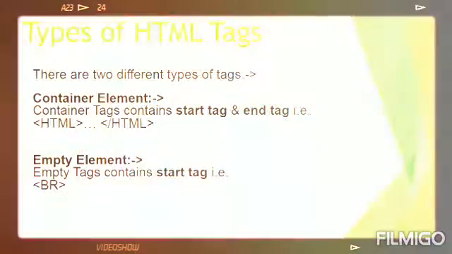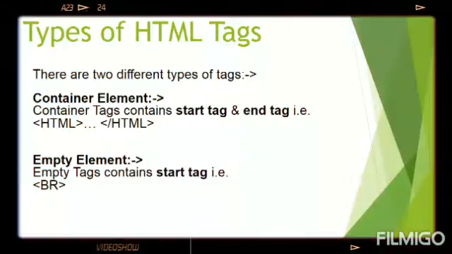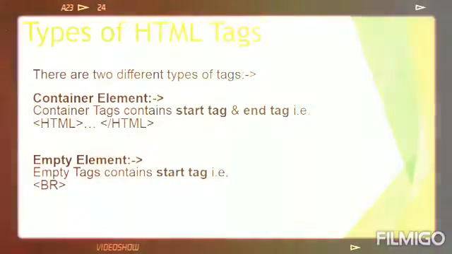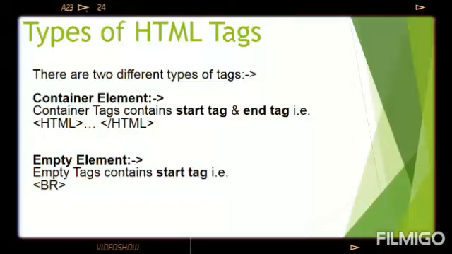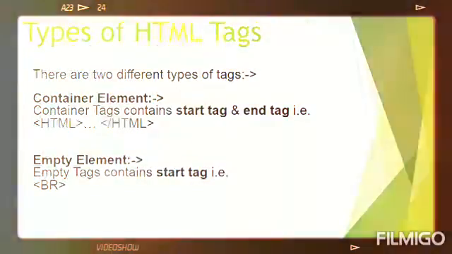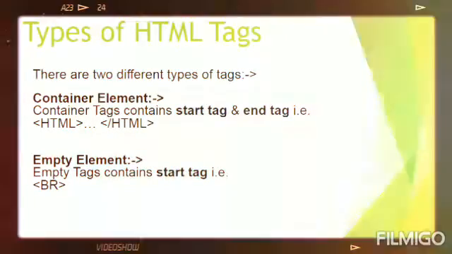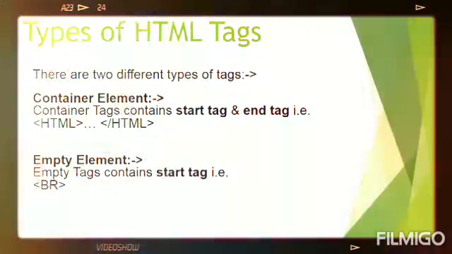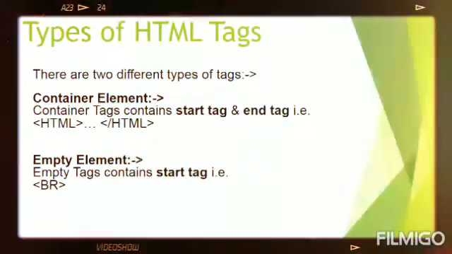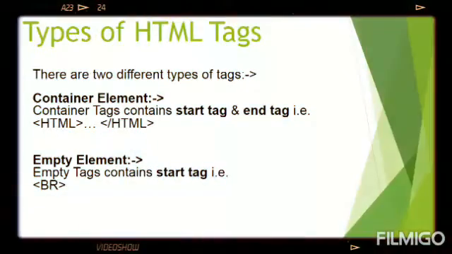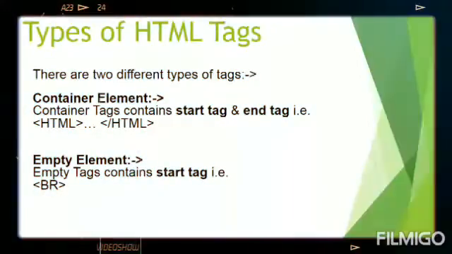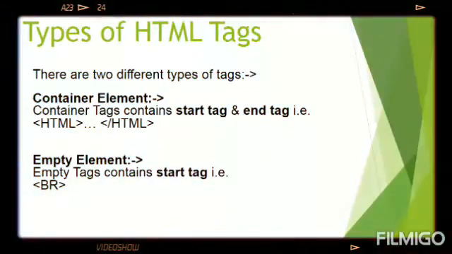Okay, the most interesting and informative part of today's lesson is the types of HTML tags. It is very important to know what the main types of HTML tags are and what the main difference between them is. Here we have two different types of tags; the tags are categorized into two main types.